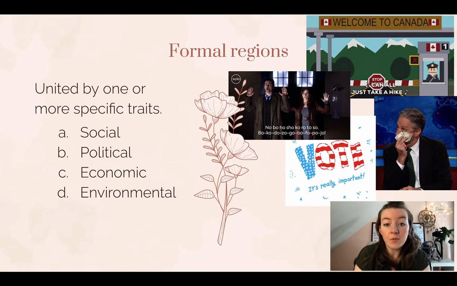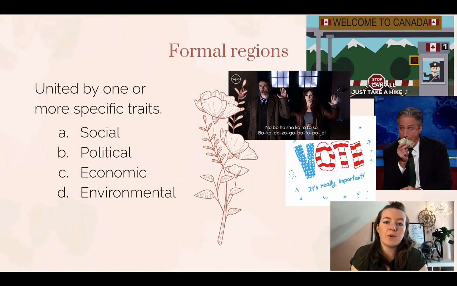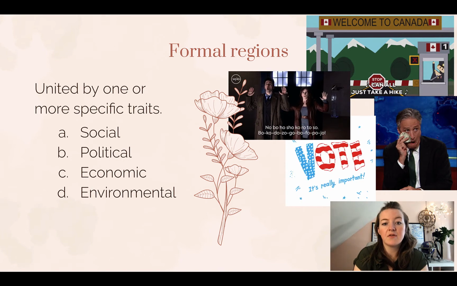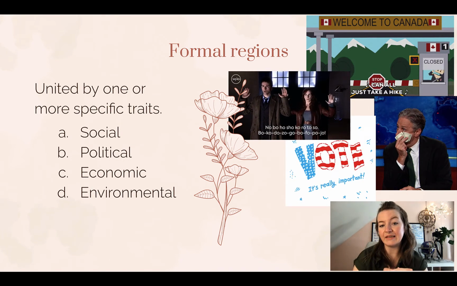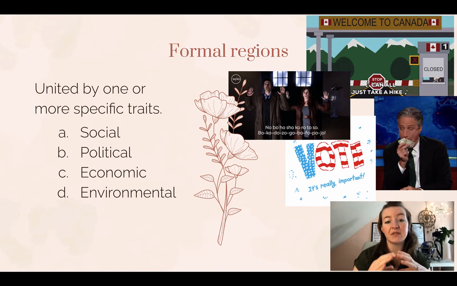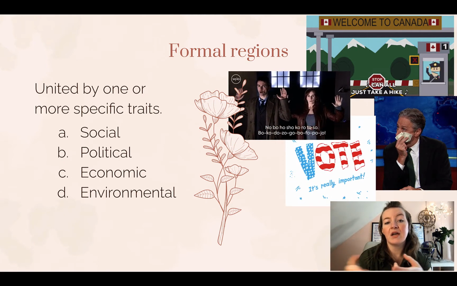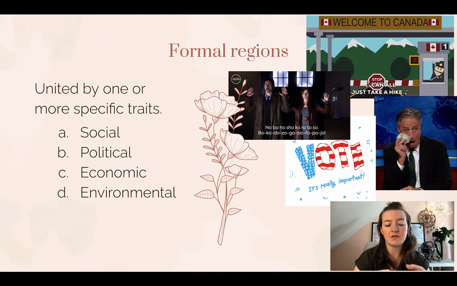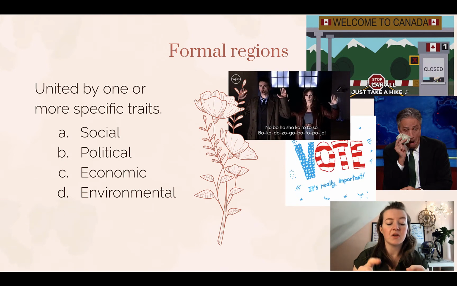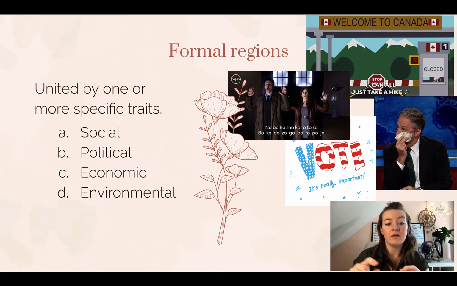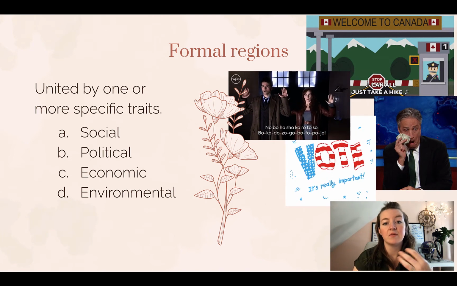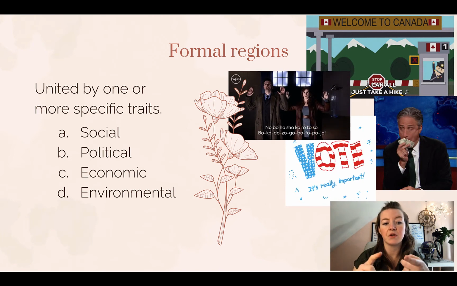Formal regions are united by one or more specific traits. It is formal, it is legal, that has some specific trait that everybody in that region has or uses. It could be social, political, economic, or environmental.